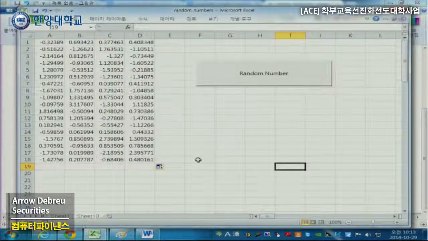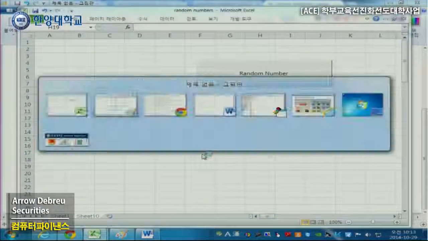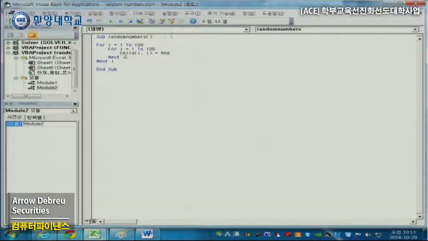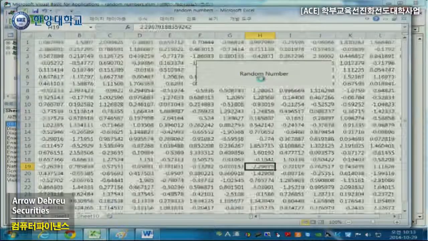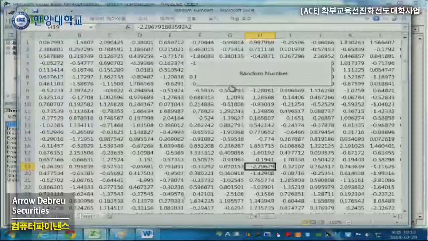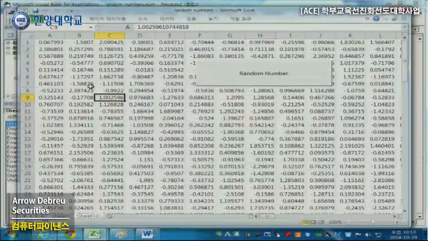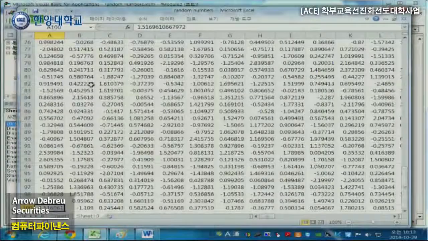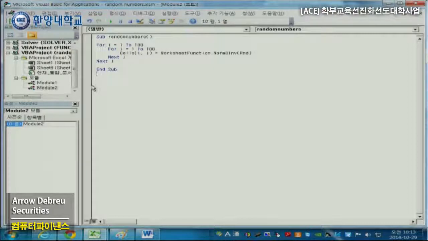So let's write down the VBA function for this one. Basically I can slightly change it. So NormInv, and NormInv is the worksheet function. Then I generate 10,000 random numbers from the standard normal distribution.